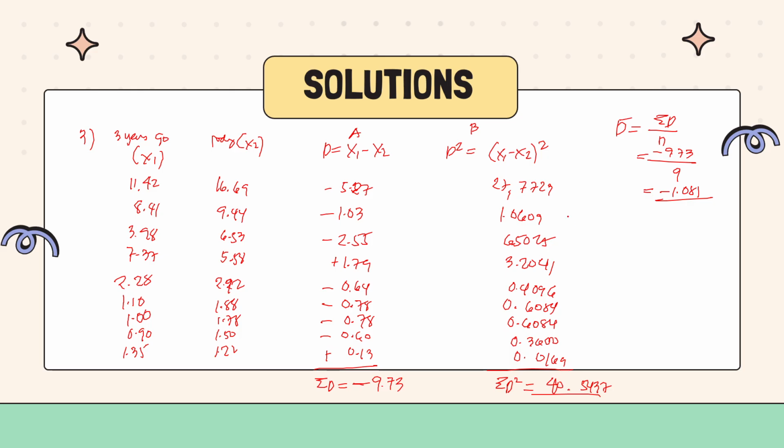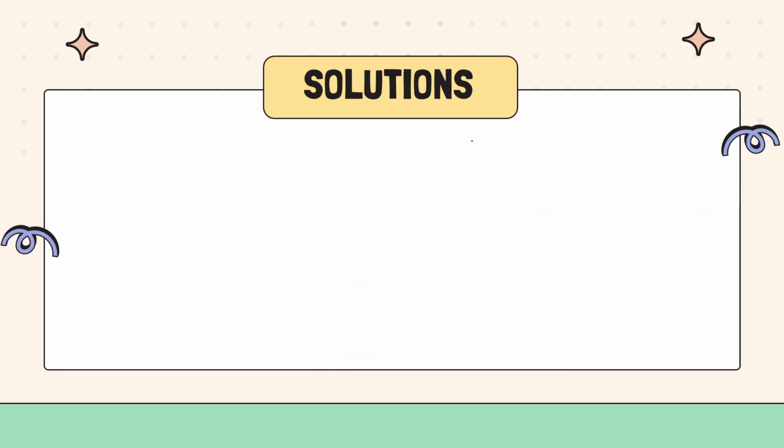After which, we are going to compute for SD. To compute SD, we have the square root of n times summation of d squared minus summation of d, squared, over n times n minus 1.